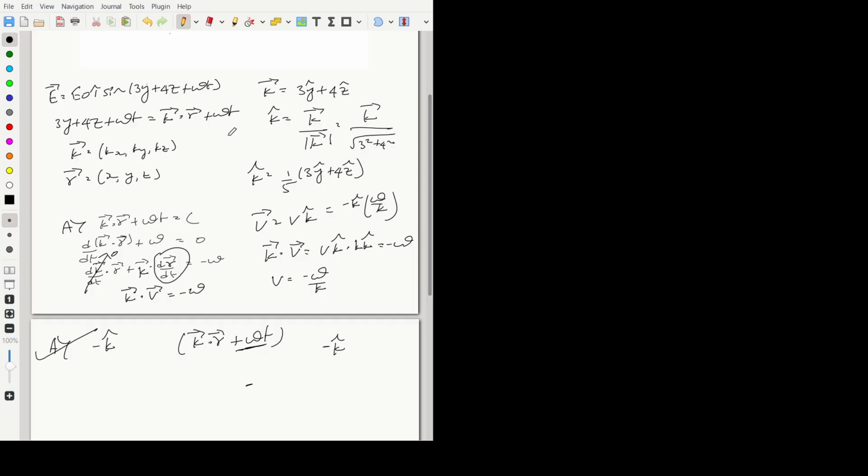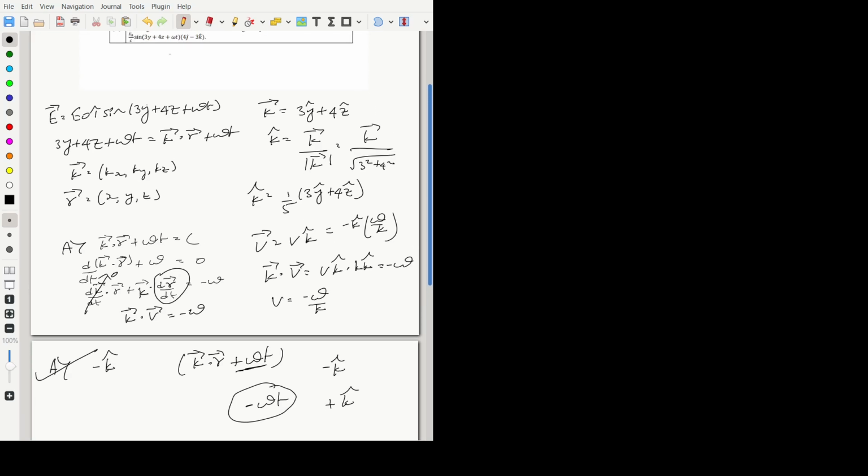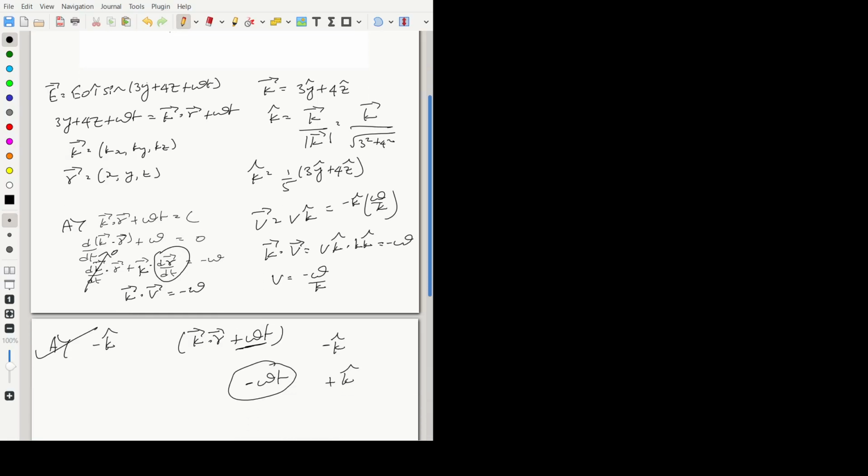Whereas if it was minus omega t, it would be in the plus k hat direction. This is usually the sign convention in most books, university textbooks for example.